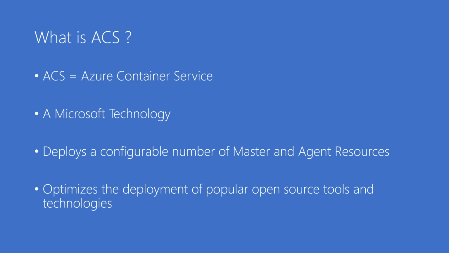Its goal is to eliminate the need for you to install, operate, and scale your own management infrastructure within Azure. So ACS will create the virtual machines, the VM scale sets, storage accounts, availability sets, network security groups, virtual networks, network interfaces, and other resources on your behalf.